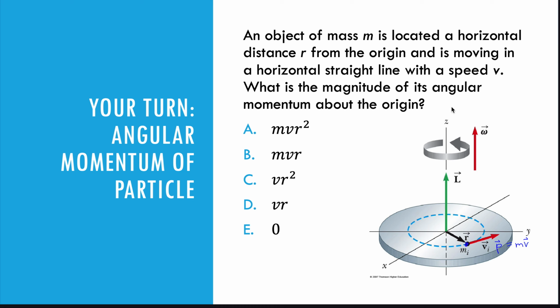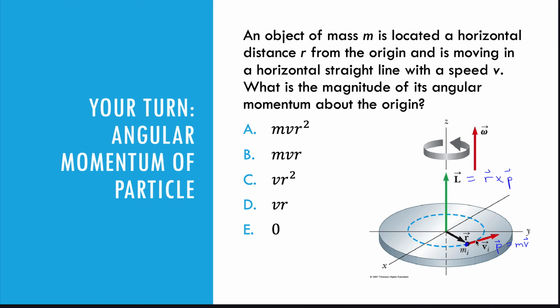What is the magnitude of its angular momentum about the origin? We already know its direction by using the cross product, because angular momentum is r cross p. We just learned this. Use your right hand, fingers in the direction of r, fold in the direction of v, thumb should point up. So now we're looking for the magnitude of this momentum. Take a second, see if you can figure it out.